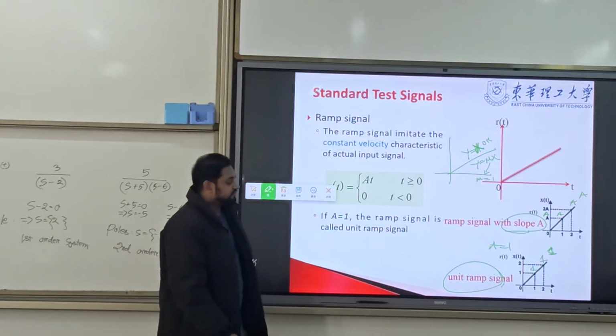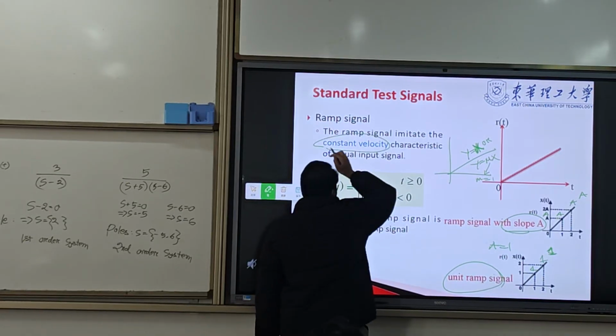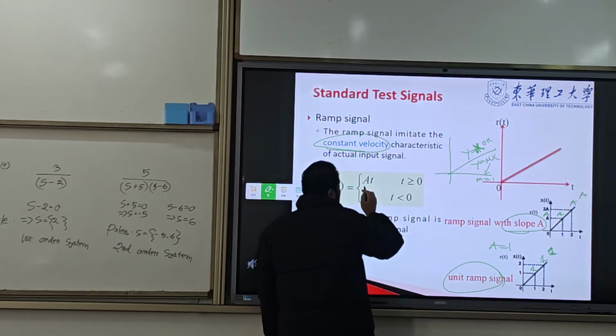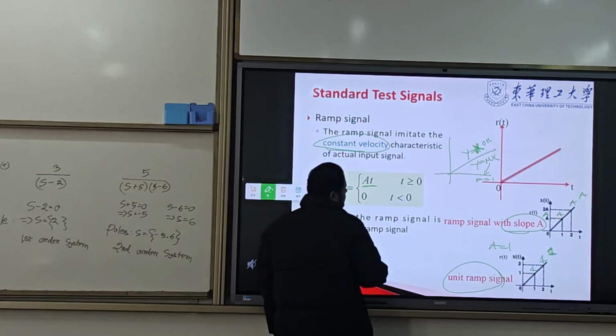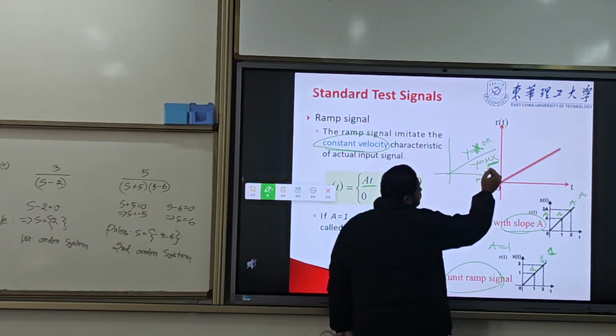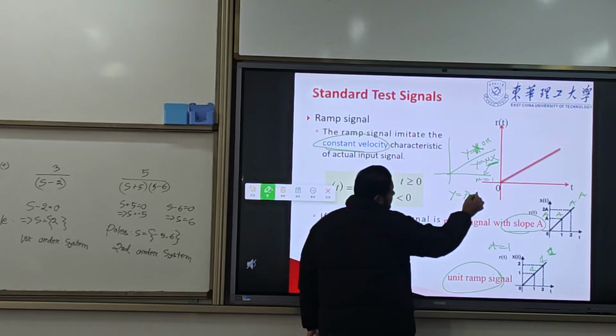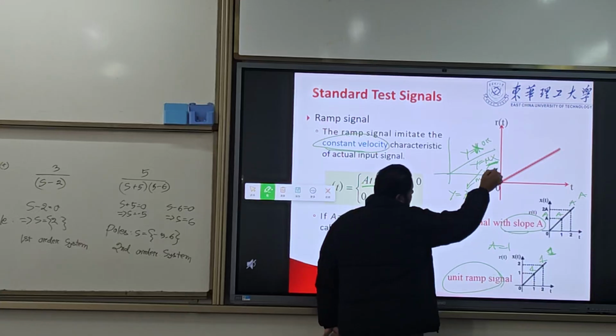This a is the velocity, the constant term. So we can write it a into t, because here y equal to mx. So y is equal to at. Here x is t.